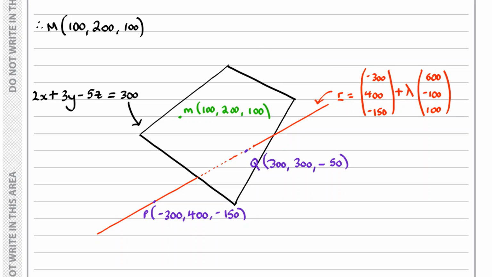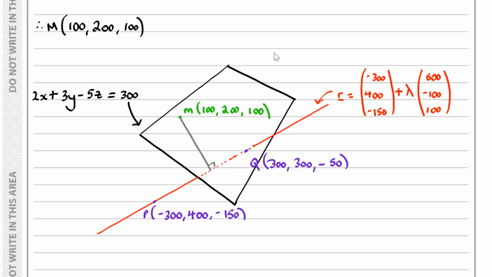And that shortest distance is here. For the shortest distance we have a right angle between this line here and the vector equation.